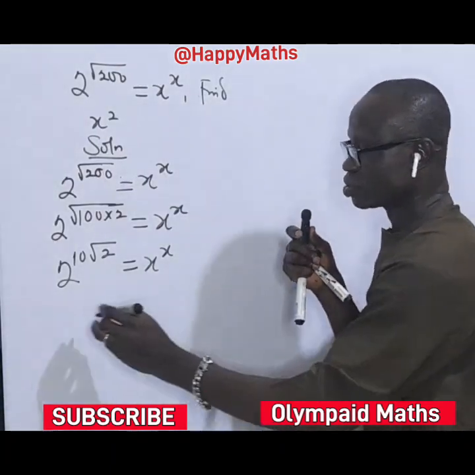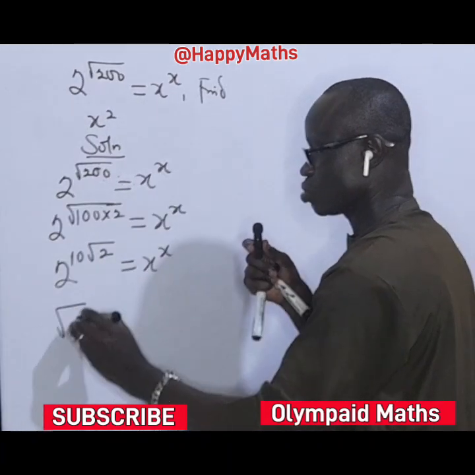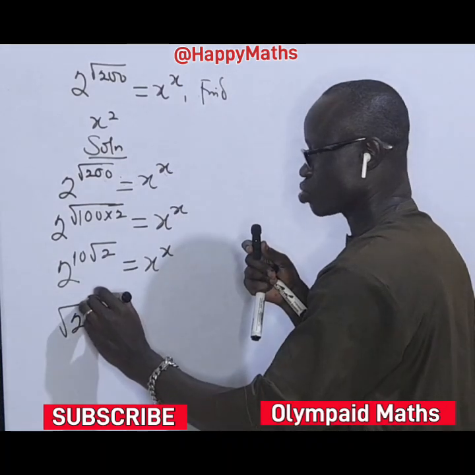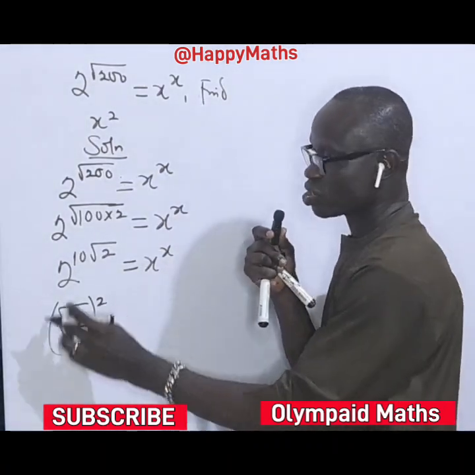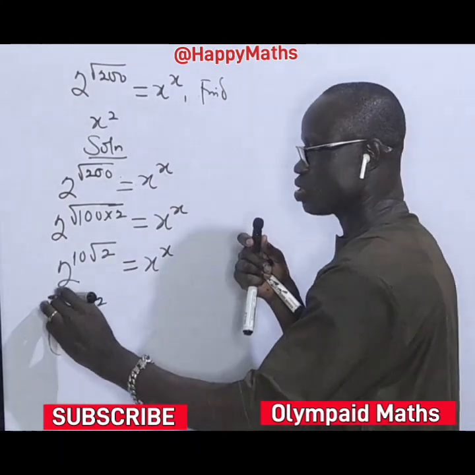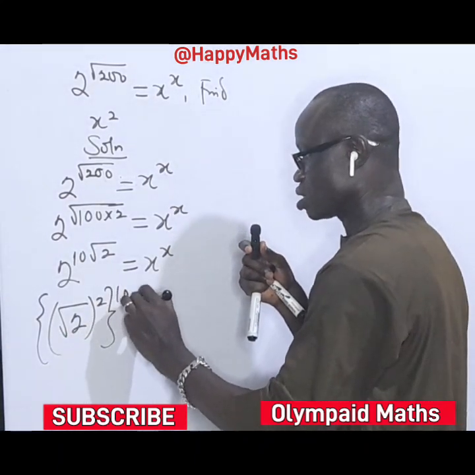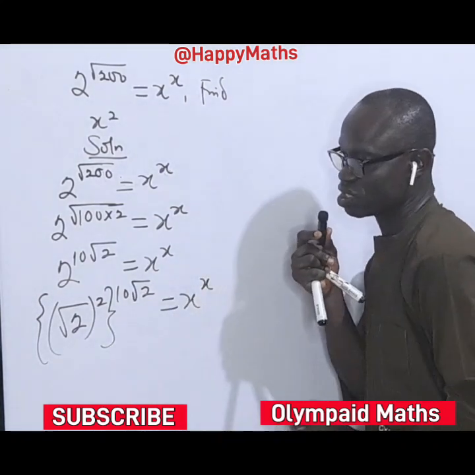Note that root 2 raised to 2, the square will remove the square root to get this 2. So by implication, we have 10 root 2 equals s raised to the power of s.